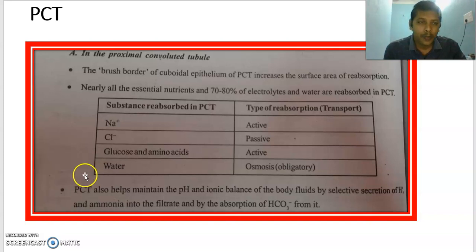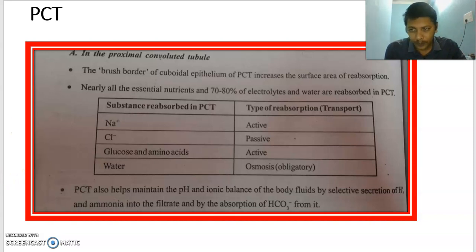Here, the remaining parts are the ascending limb of Henle's loop, the DCT, which is the last part of the nephron, and the collecting duct, in which many nephrons open. We will see how reabsorption and secretion take place in those parts.